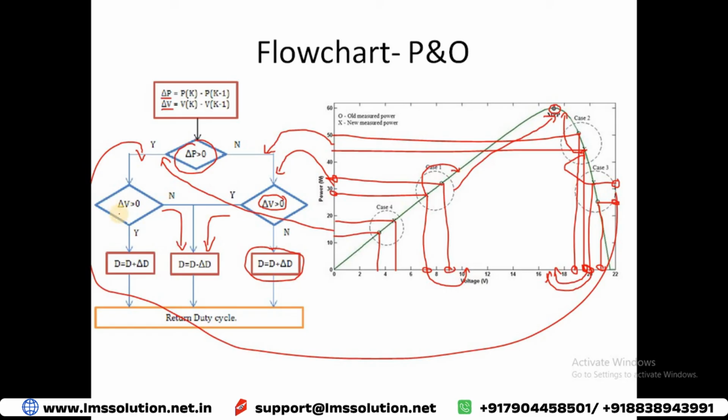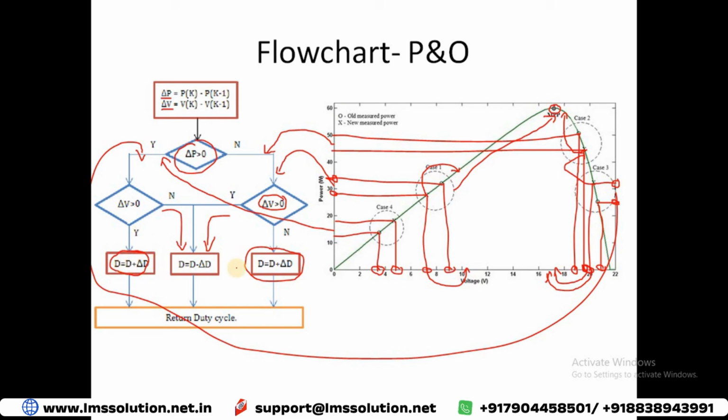Next you have to check the voltage difference. The current instant voltage is around 5 volts and the previous instant voltage is around 3 volts. The difference will be 5 minus 3, the difference is 2. del V is greater than 0, so we need to increase the duty cycle.